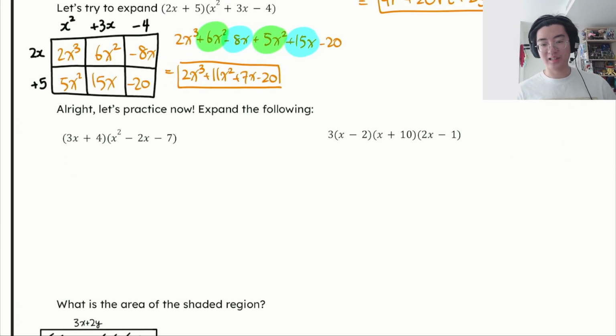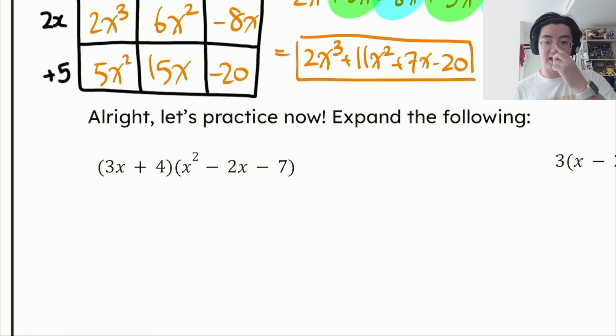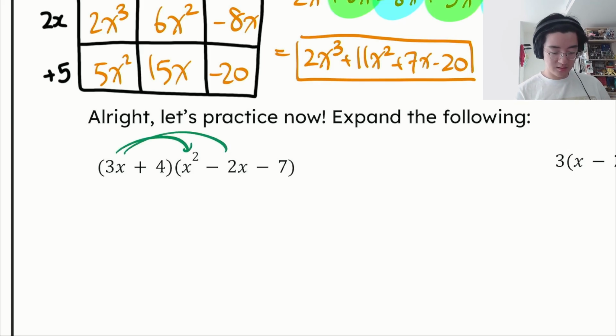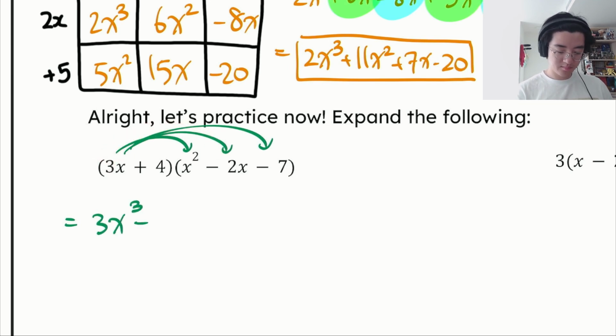Okay, let's try expanding now. Once again, I will be using the algebraic method. There we go. 1, 2, 3. 3x cubed, minus 6x squared, minus 21x.